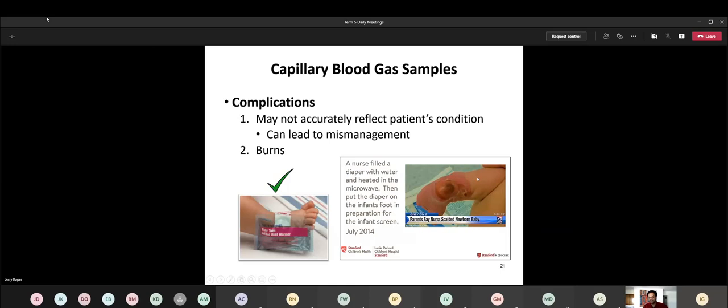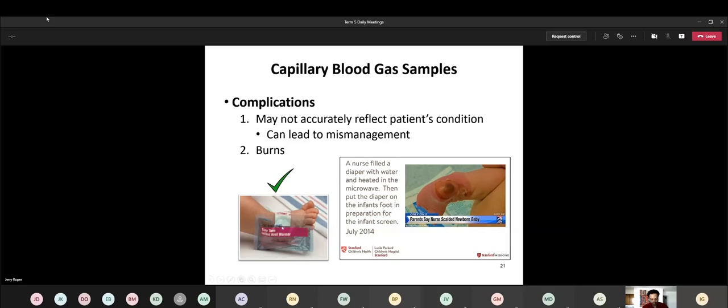What happened was this was a nurse who wasn't a new nurse. She had been working for some years, but she was doing one of those shortcuts that can get you in trouble sometimes. I guess she couldn't find one of these little heel warmers, or maybe she was just too busy and didn't want to spend the time to go look for one.